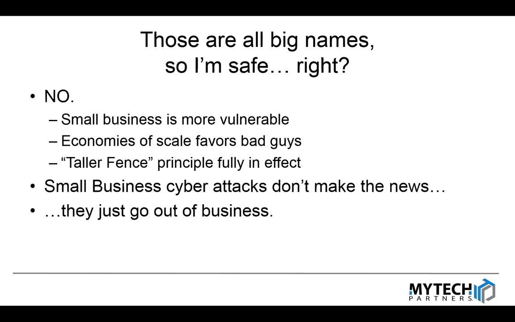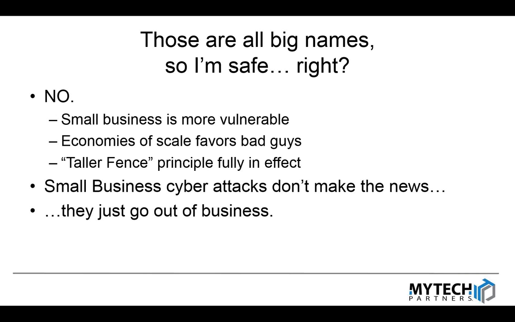So if I'm not a big name like that, I'm safe, right? Well, no. The way attacks happen on the internet is they just start by sweeping everywhere, and they don't care who you are. Most of these attacks lump you in with the big people, and the big people spend a lot more on security than you ever will.